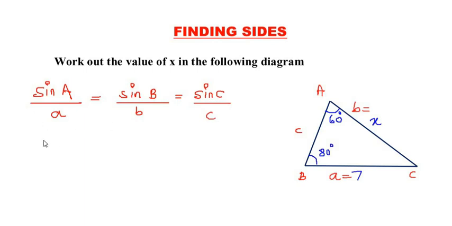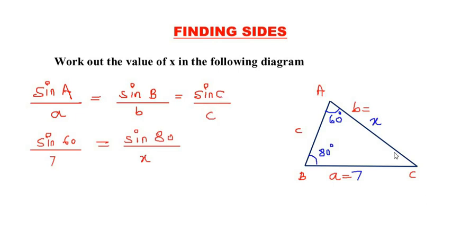We have sine of angle A, which is given in the diagram as 60 degrees, over side A, which is 7, equals sine of angle B, which is 80 degrees, over side B, which we have to find, which is x.